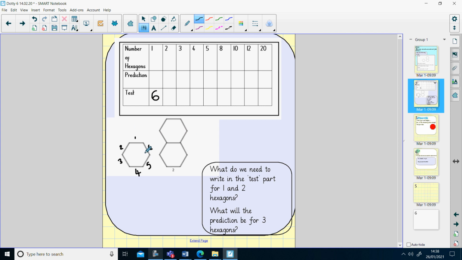So if I want to make 2 hexagons, just quickly work out how many straws I would need, and notice that this side here is the bottom of this hexagon and the top of this one, and it shares a straw. Just count how many straws I'd need, Year 4, to make 2 hexagons.